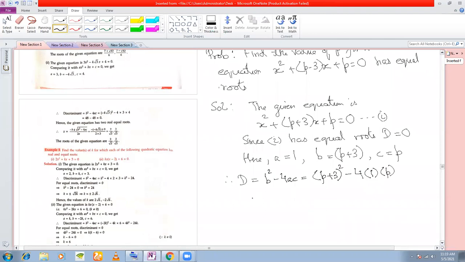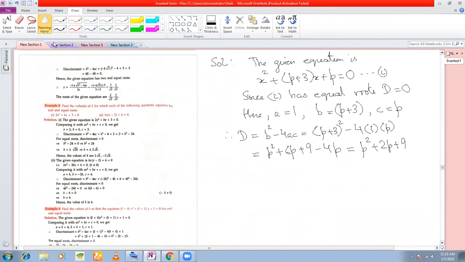Okay, let us simplify this. So expand this by the a plus b whole square formula: p square plus 6p plus 9 minus 4. So you get p square plus 2p plus 9. Isn't it? This is what we are getting. Right.